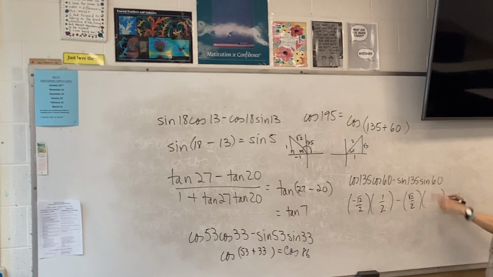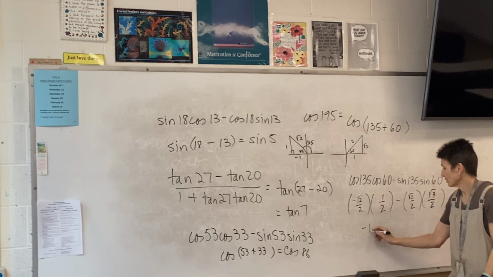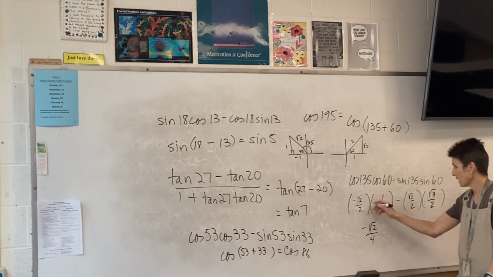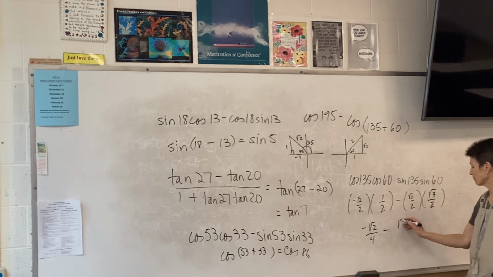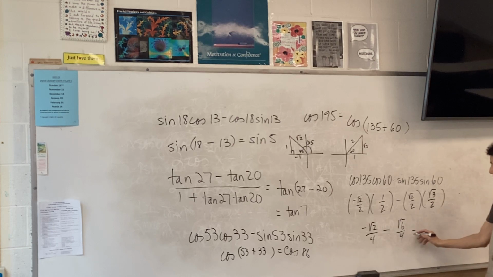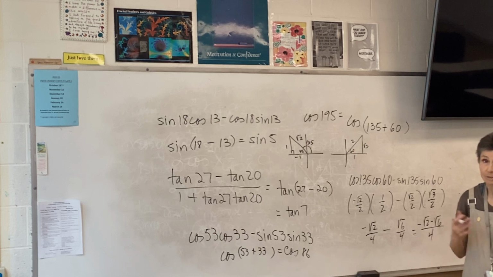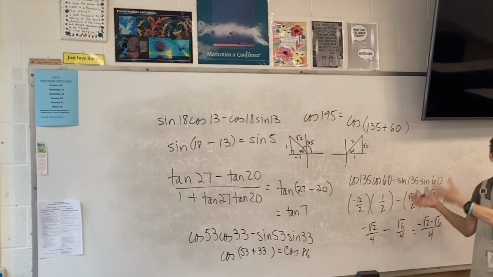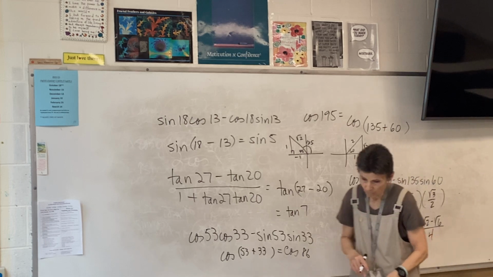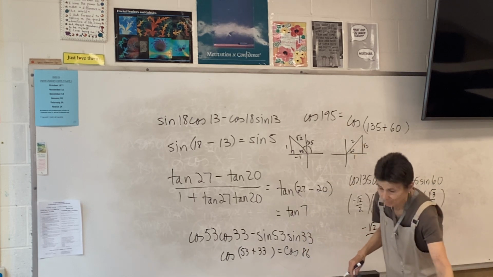And sine 60 is root 3 over 2. So if I multiply each pair and then write it all as one fraction, that is my answer. And if you look back at your notes, that looks real similar to the answers we got before, because those are the numbers we keep using over and over again.